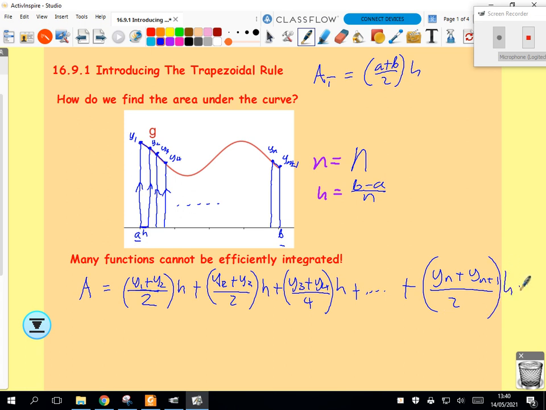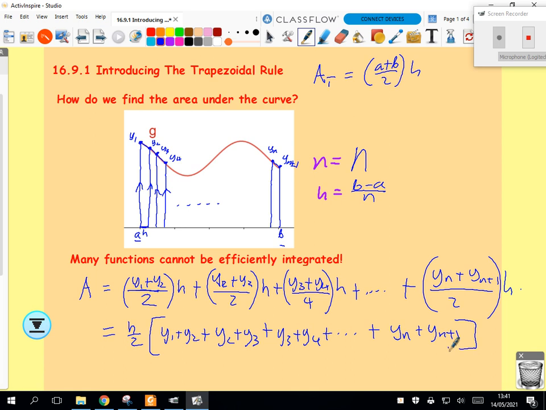And what I can do here is factor out an h over 2, because there's h over 2 in every single term. And what I'd get is y1 plus y2, and then y2 plus y3, and then y3 plus y4, and then that would keep going up until my last one, y sub n plus y sub n plus 1.